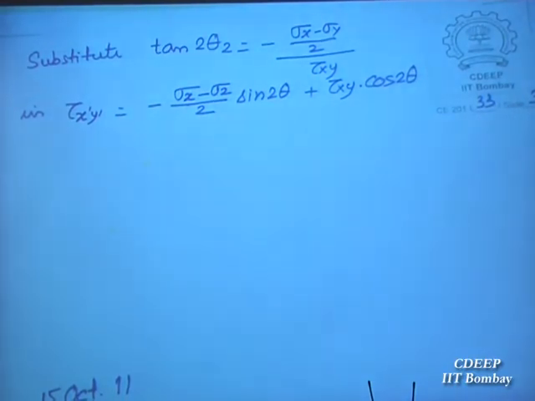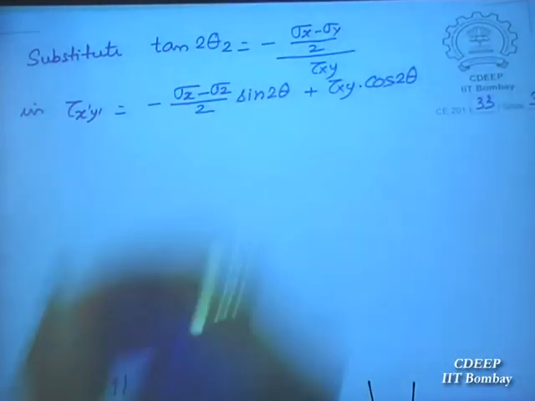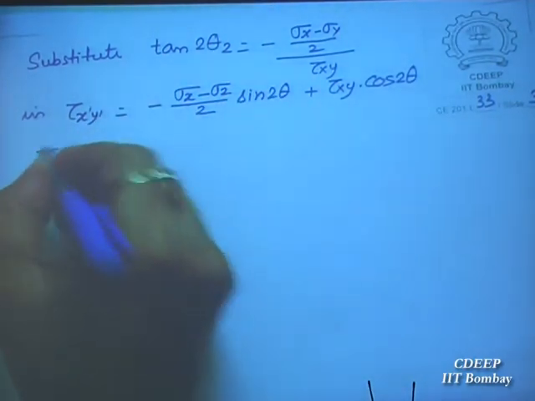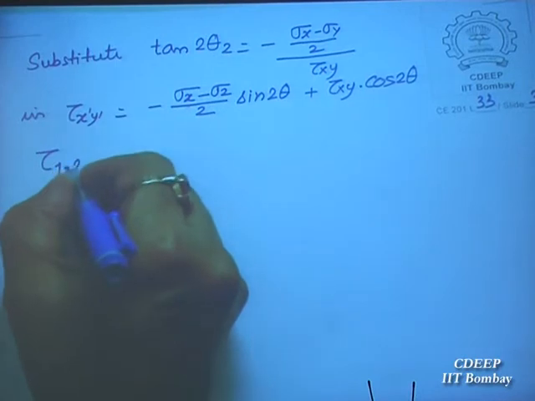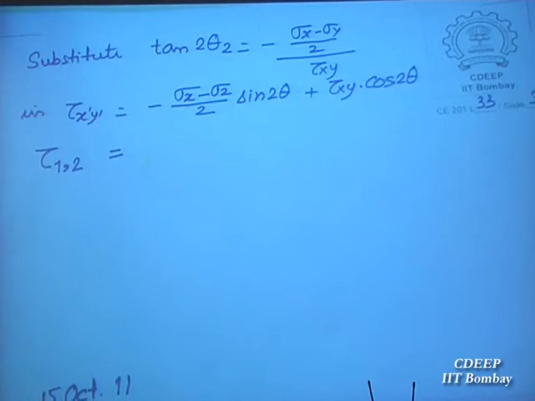This is the expression. Substitute this. Once you substitute this, let us call that 1 and 2. Of course 1 and 2 will be same, but the direction will be changing here.